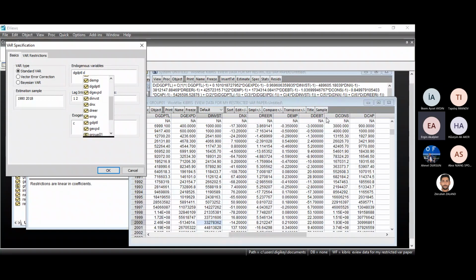I have to follow this line. Investment. Adjustment.